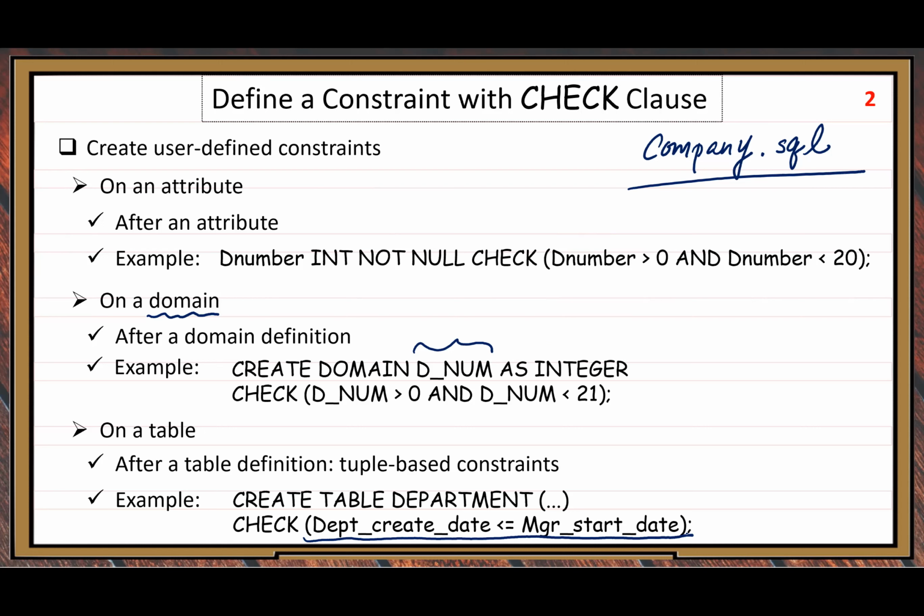We can use constraints like this, so we can ask the DBMS to enforce those business conditions and requirements. But you can see, usually the constraints we define here are user-defined constraints.